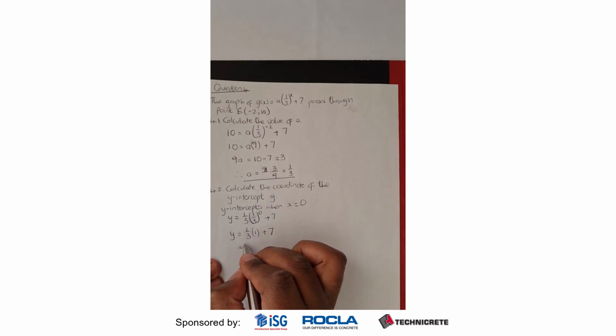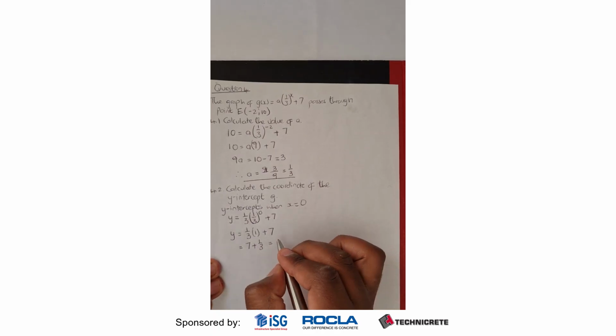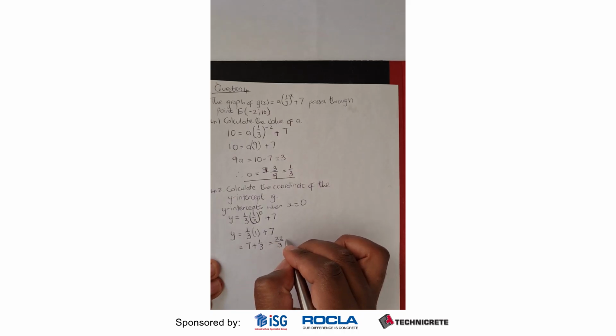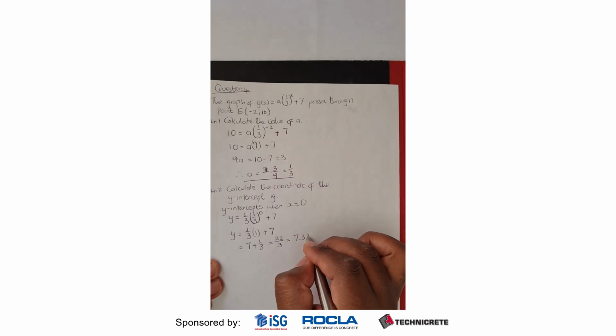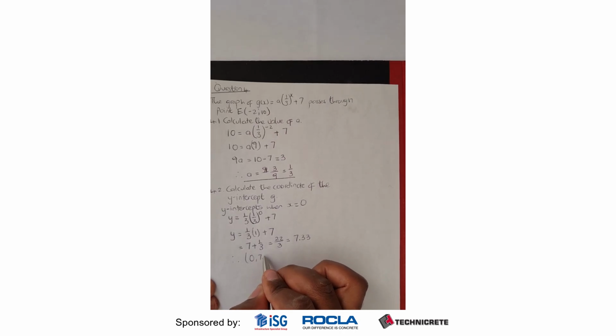And when you say 7 plus 1 over 3, you can find it to be 22 divided by 3, which is 7.33. Therefore, the y-intercept is 0, 7.33.